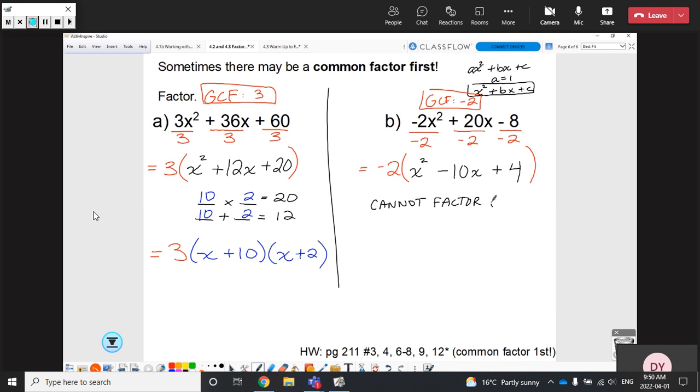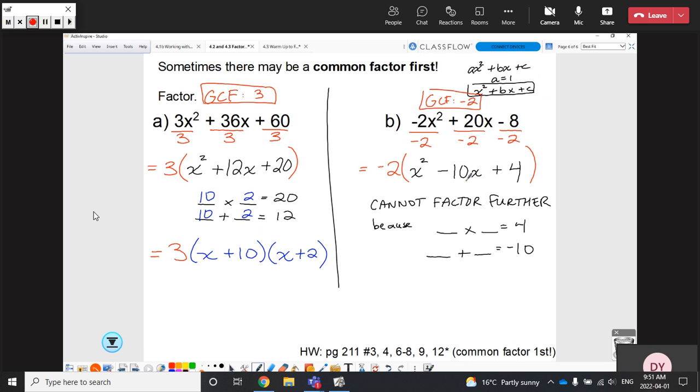Cannot factor further. And that can happen because something times something equals 4, something plus something equals negative 10. It just doesn't work. There's nothing that'll do that. And in fact, we would call this trinomial in the brackets not factorable.